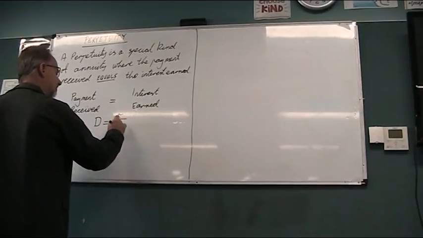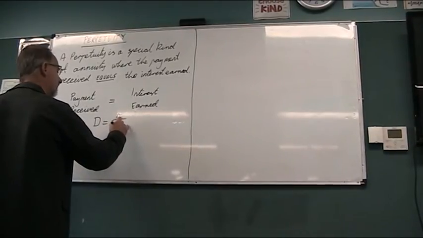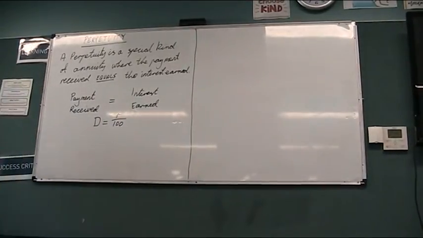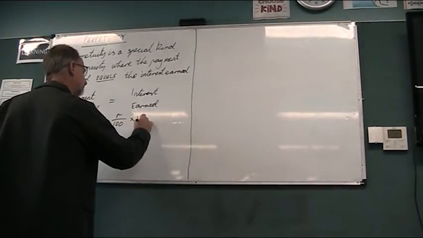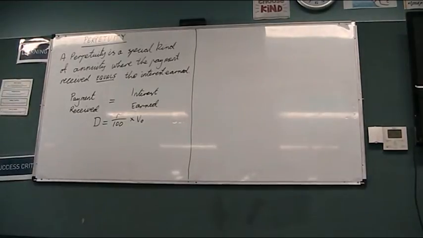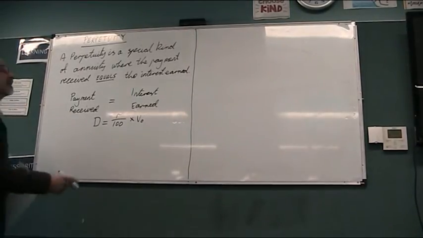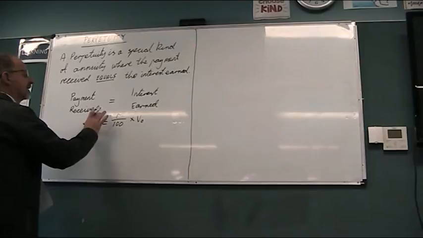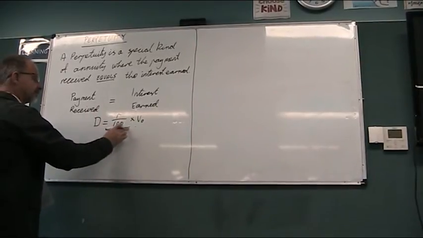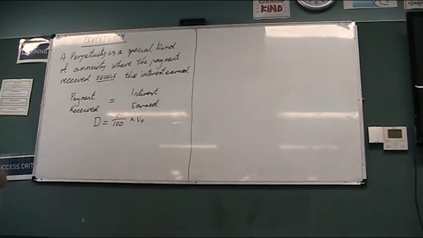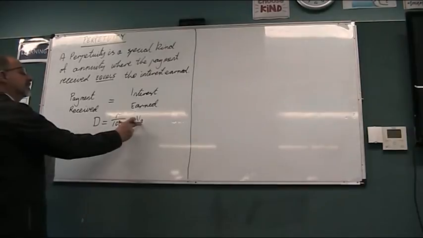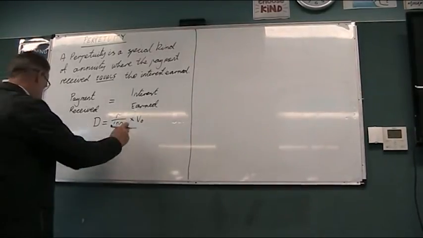Interest rate, turn the rate and percentage per compounding period into a decimal by dividing by 100, multiplied by our initial value. Because we're only taking out the interest that we earn on our initial value, this always remains the same.